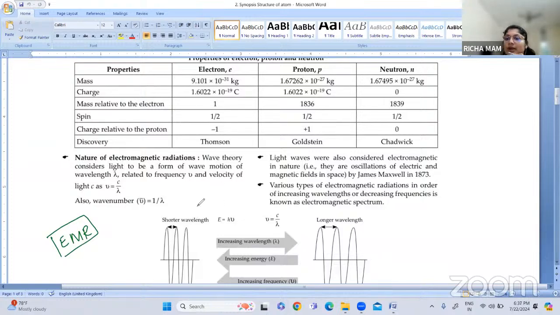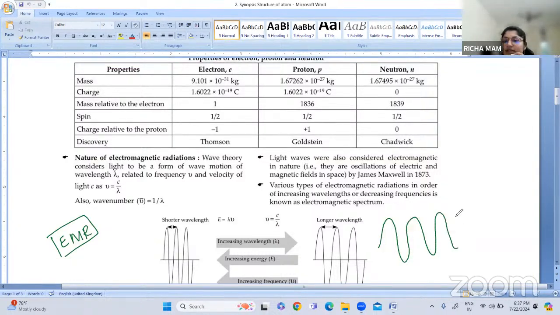Electromagnetic radiation is given in terms of two theories. First we are going to discuss wave theory. Light is considered to travel in the form of a wave.